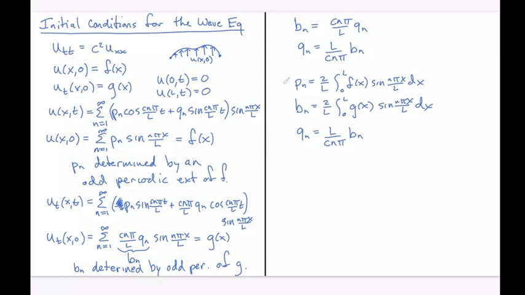So that gives us the Pn's and the Qn's, which can then be plugged in here, and we've gotten rid of all the arbitrary coefficients, and we can now write down a final particular solution to the initial value problem, the wave equation with boundary conditions and initial conditions.